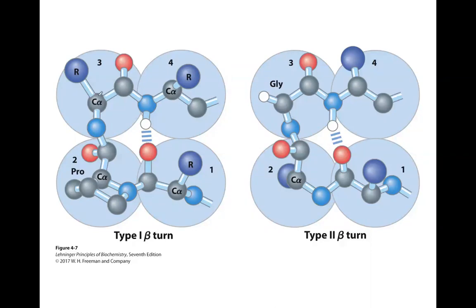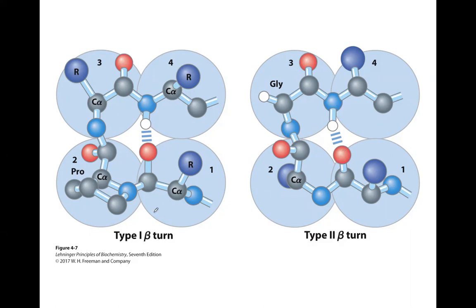Here, usually glycine is favored. And then the NH of amino acid 4 forms a hydrogen bond here. That's what locks the beta turn in place, right? So the carbonyl of amino acid 1 and the NH of amino acid 4. And that's the same in type 1 beta turn and type 2 beta turn, carbonyl and NH.